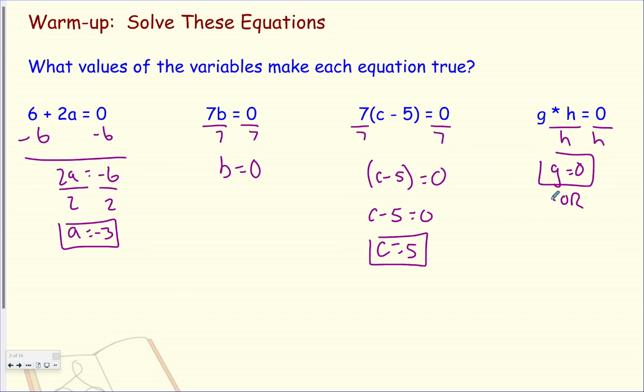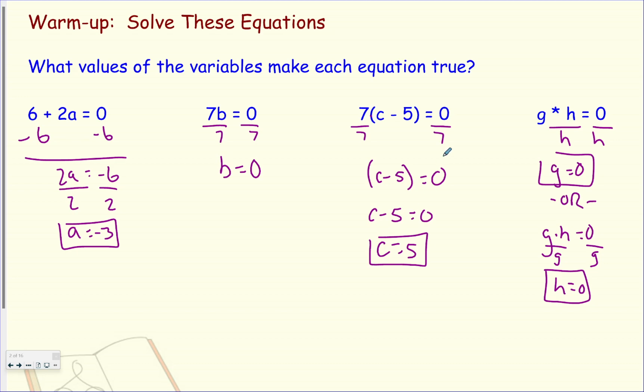Well, maybe. That's one possibility. Or, what if instead of dividing by h, we divided by g instead? So if I write the original equation, g times h equals 0, but instead I divided by g, the g's would go away, and I'd get h equals 0.